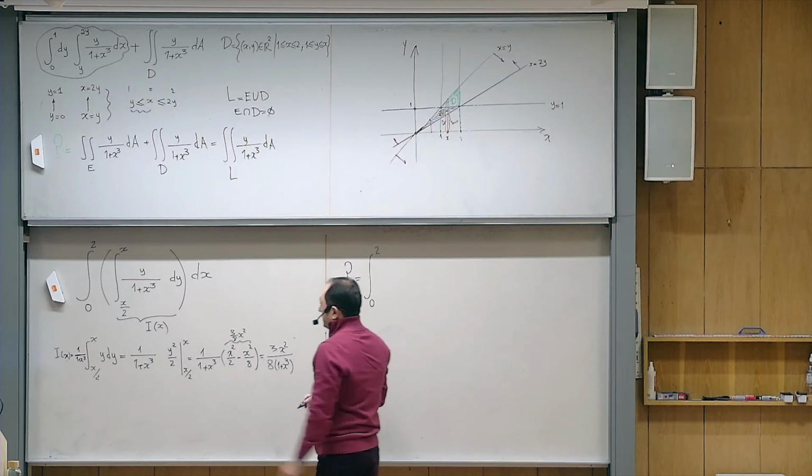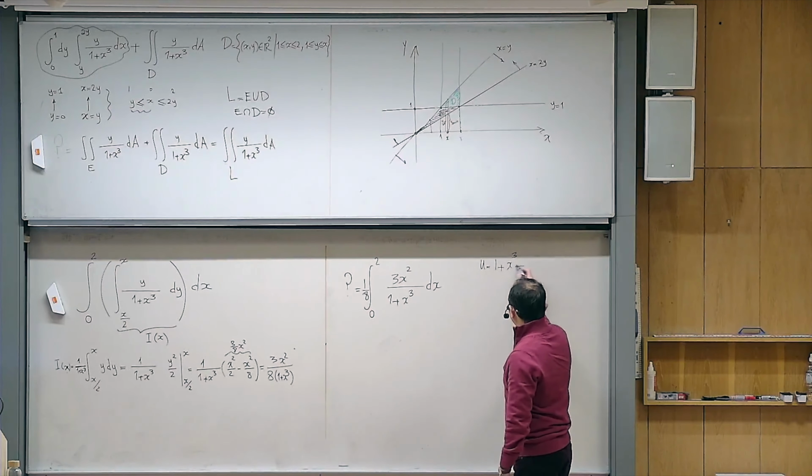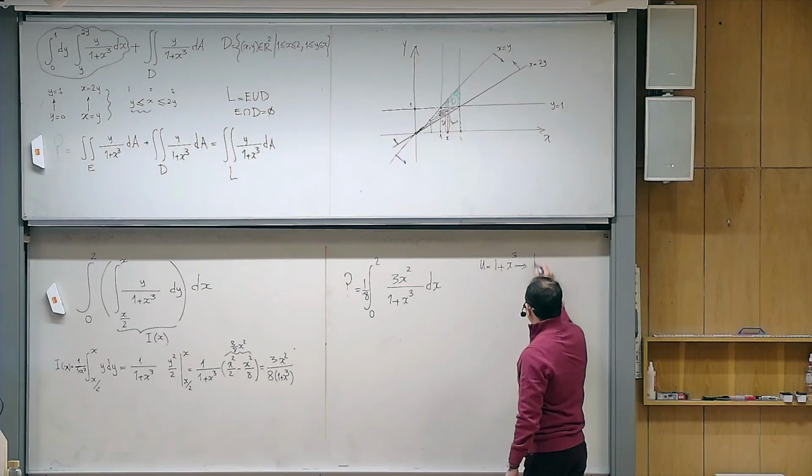So this is already a good indication to take u to be 1 plus x to the power of 3. Of course, if you do that, then immediately you calculate the derivatives. du is equal to 3x squared dx. And now you understand why I didn't pull 3 out, because I need it here.